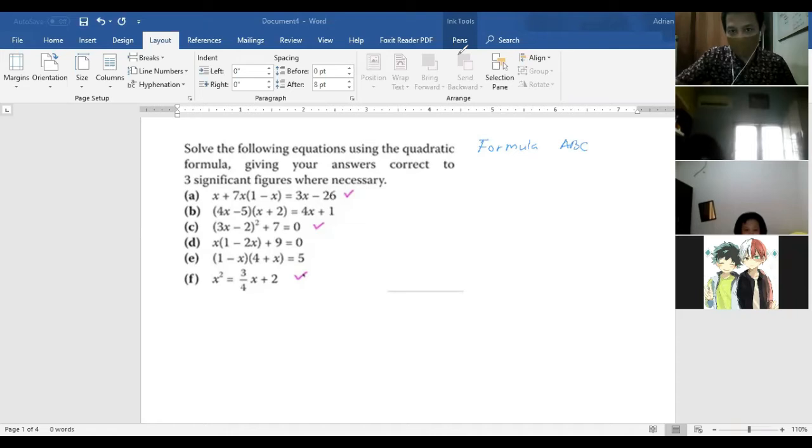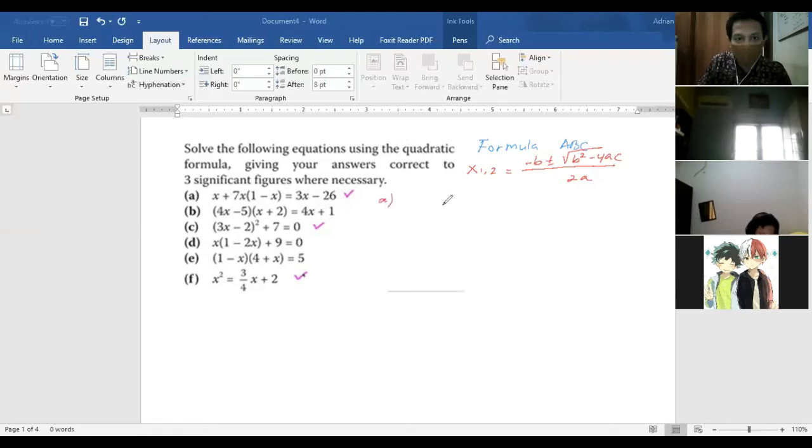This is the formula, students. x1,2 equals minus b plus or minus the root of b squared minus 4ac, over 2a. This is the formula, everyone. You have to prepare a calculator. Next we go to a.